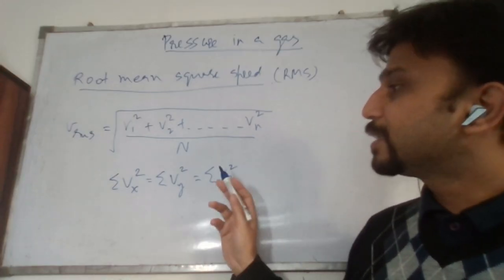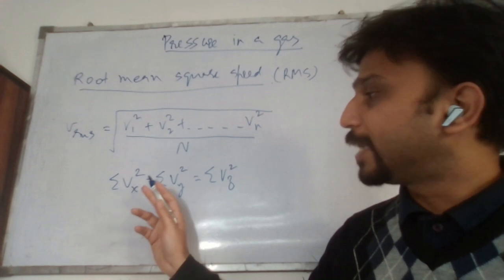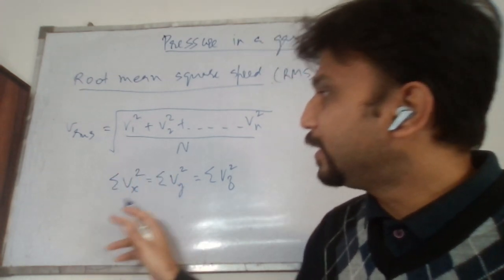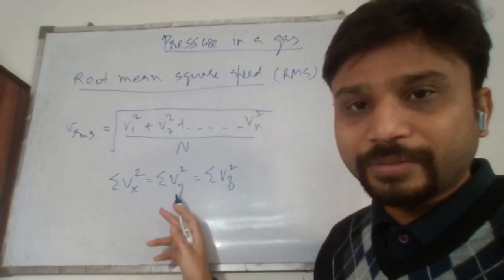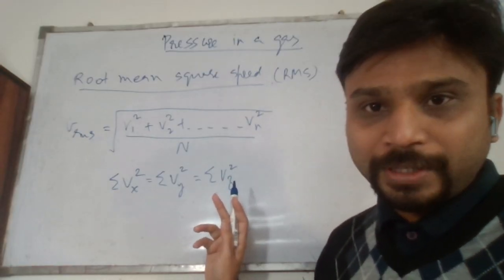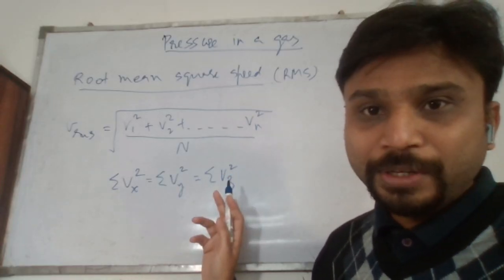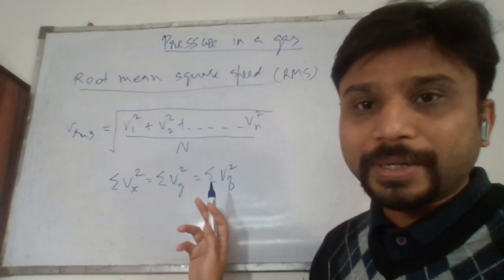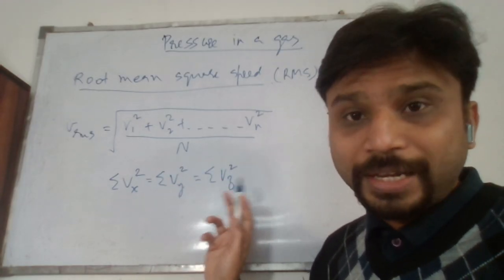This is from the assumption which we have taken from kinetic theory, that the speeds of the particles in x direction would be the same as in y direction and the same as in z direction. I cannot directly say that vx equals vy equals vz, but I can say that if I take the sum of the squares of the speeds of all the particles, I'll get an equal value.